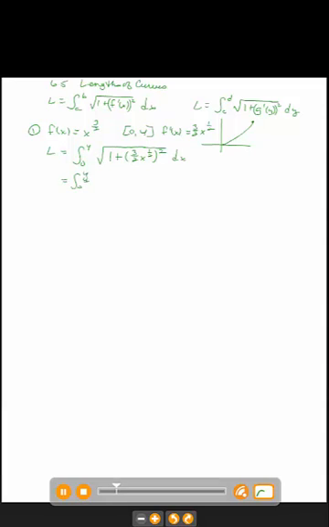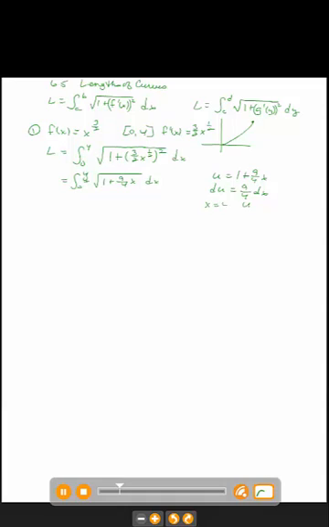which turns into 1 plus 9/4 x dx. Now this would be a u substitution, and we would let u be 1 plus 9/4 x, and so the du would be 9/4 dx. And you have to change the values out.